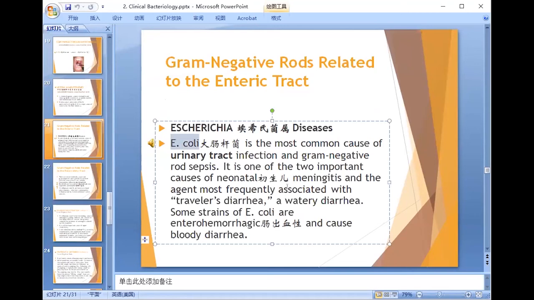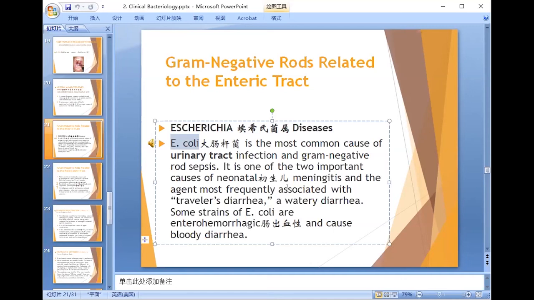And I'd like to mention a special kind of bacteria, E. coli. E. coli is a pretty common bacteria. It normally lives in our large intestine. We can think of it as normal flora.